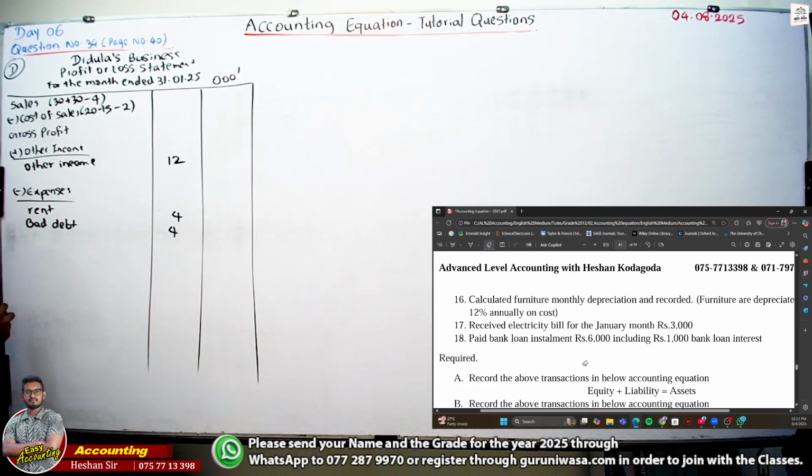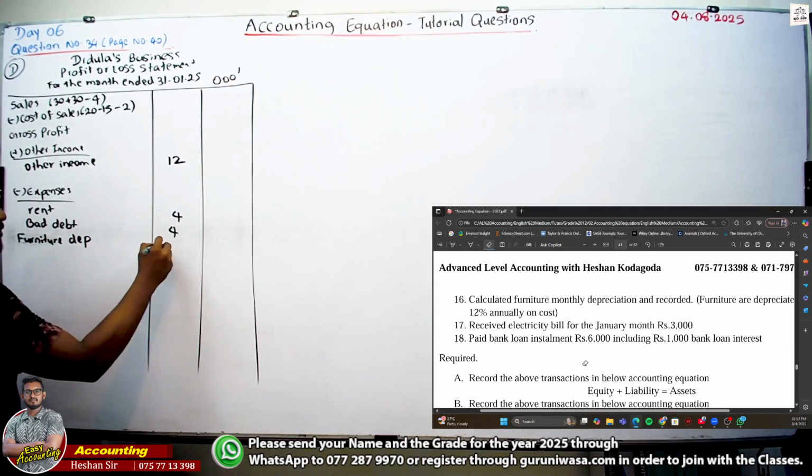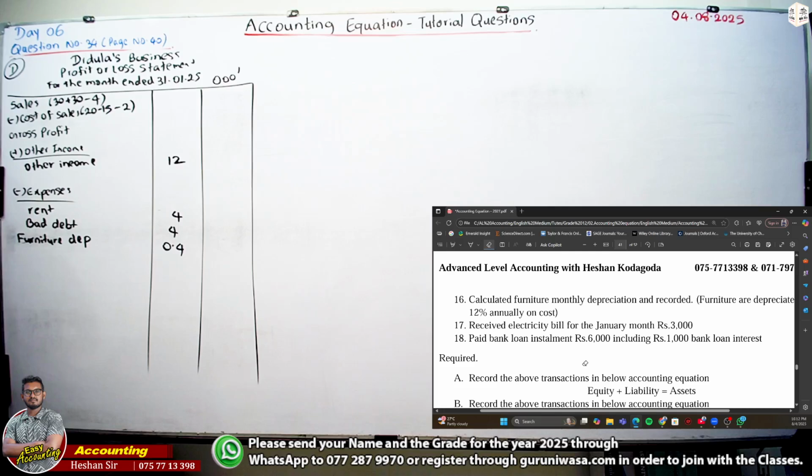Then depreciation, furniture depreciation, 0.4. Though we paid no rent, we need to take rent as it is 3,000.